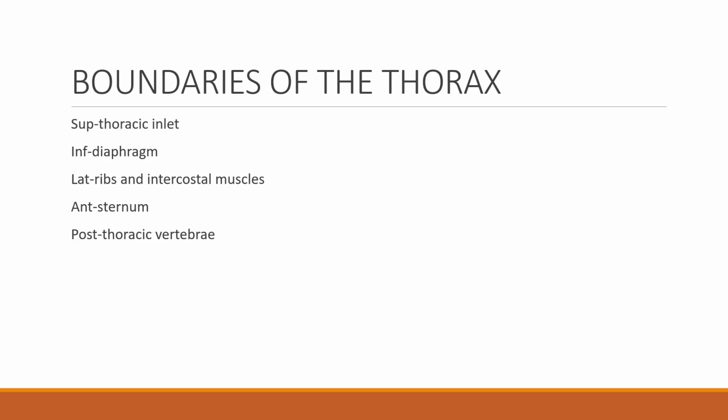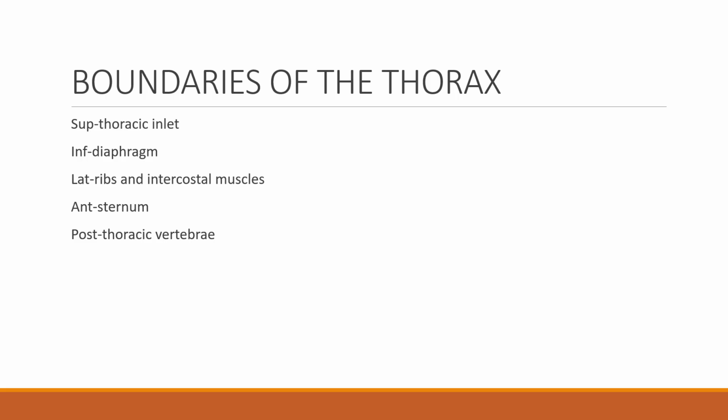Superiorly, it borders the thoracic inlet. Thoracic inlet is the superior aperture. As you know, the thorax has two apertures. We have superior and inferior. Superior is the thoracic inlet and the inferior is the thoracic outlet.